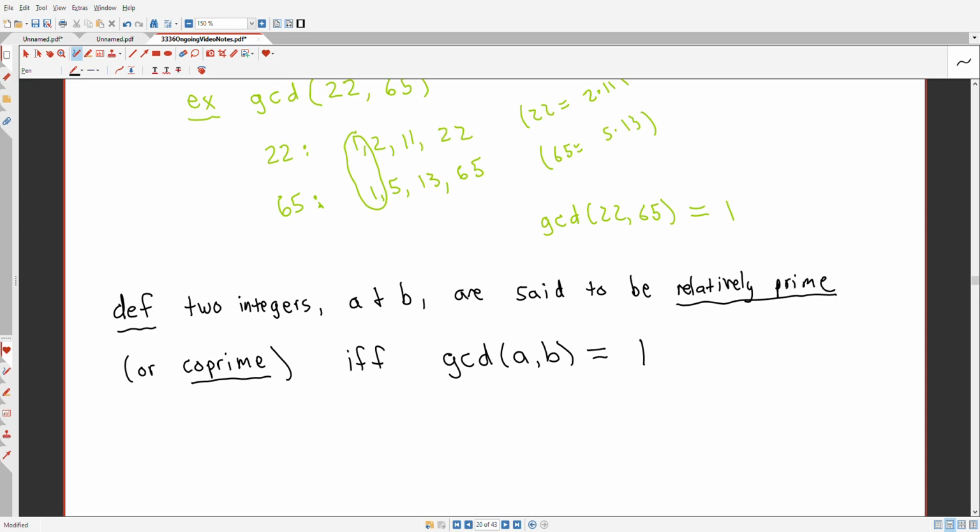By the way, some people will call this coprime. The only divisor that they share that's positive is the number 1. In other words, they really don't have much in common.